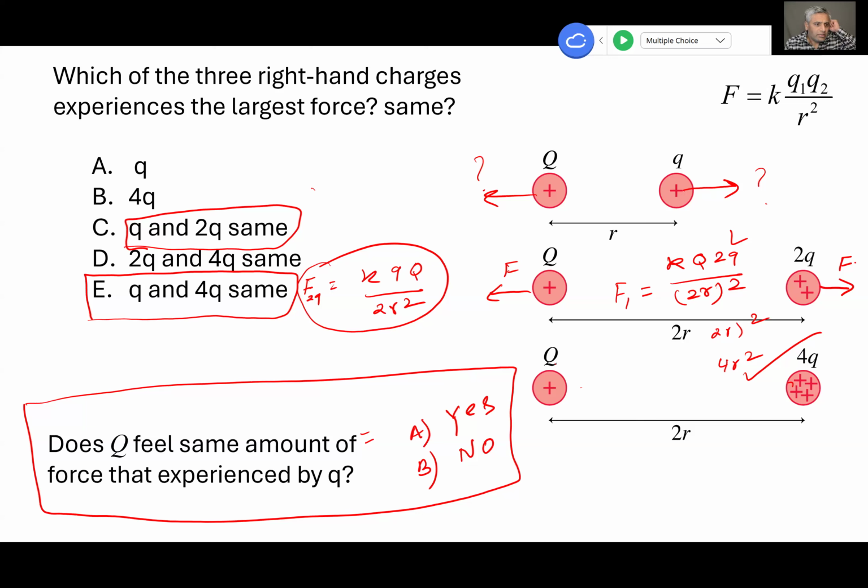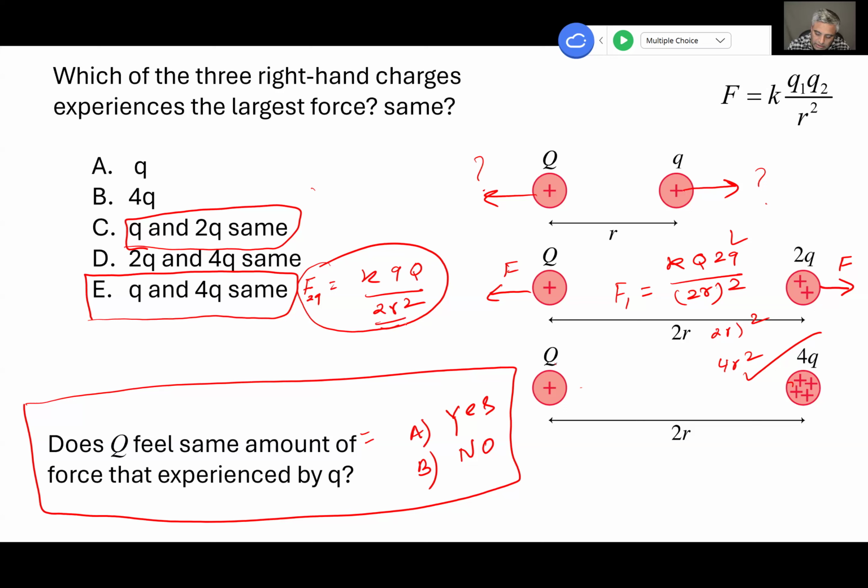Okay, so it looks like there is some comment or question on the Zoom chat here. In F2Q, does not 2 from 2r squared denominator cancel out because of the 2Q in the numerator? Yeah, it does.